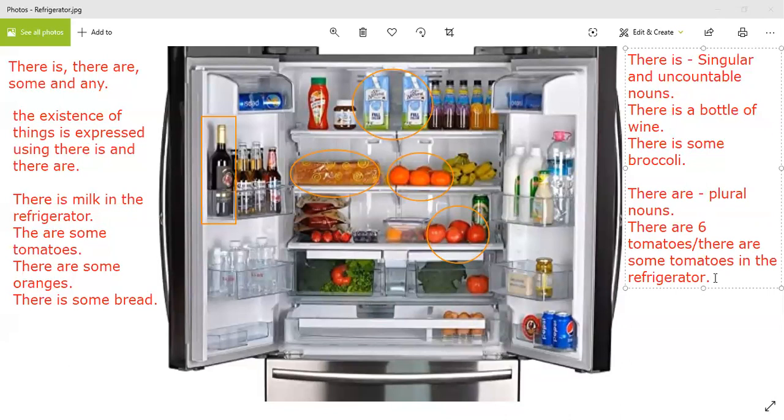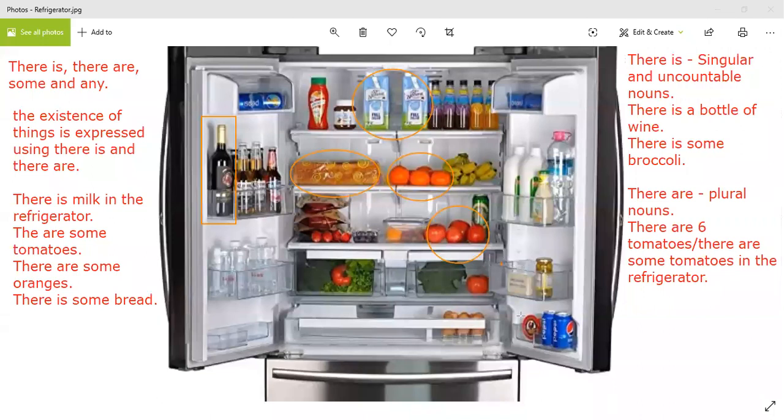Okay, so we are talking about the existence of something. What about, we said milk already? Yeah, there is milk. There is soda, because it's uncountable. Liquids are uncountable. There is soda. There's ketchup, there's water. Yes, there's cream too, cream. There's butter. I think that's butter over there.